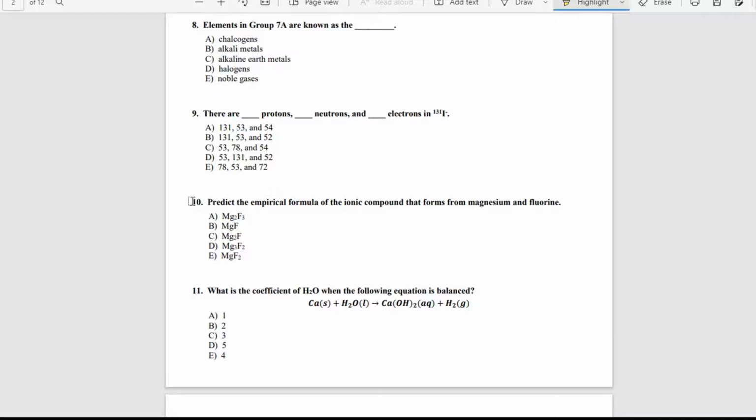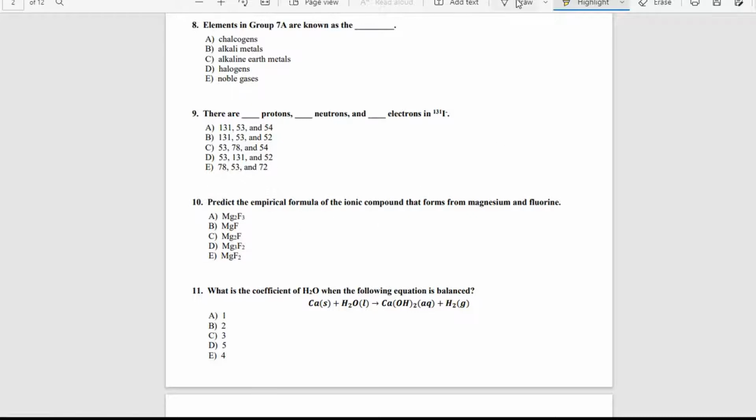If you have one salt crystal that's this big, that's technically one molecule. I mean, it's a ridiculous amount of ions that are present there. So with ionic compounds, we always do the lowest total number ratio.